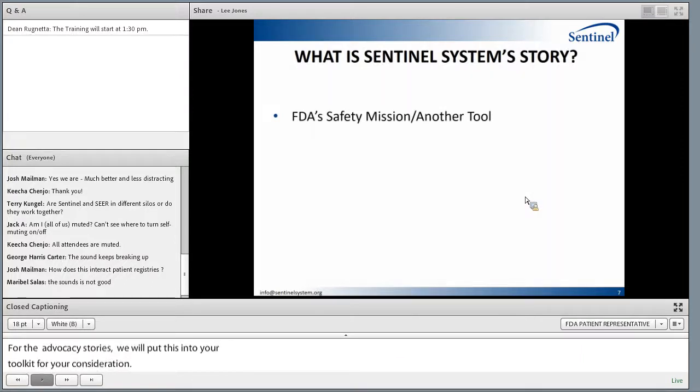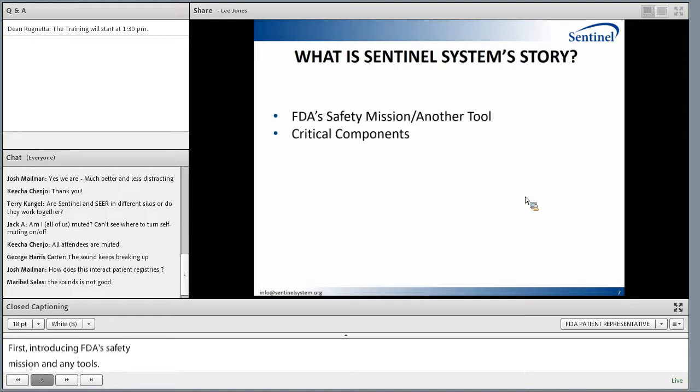Each narrative for the 4 target audiences includes these 5 components. First, introducing FDA's safety mission and the fact that the Sentinel system is only one of several important tools in FDA's toolbox to ensure the safety of medical products.